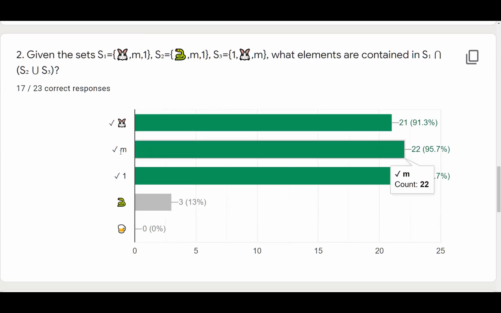By the way, when there's a check mark, it means it's a right answer. So let's start with S2 union S3. I get snake, M, 1, plus 1, rabbit, M. So I have a 4-element set. And then the intersection with S1. So again, there's only what's in S3 and S1, and the snake is not included. So 1, rabbit, M.